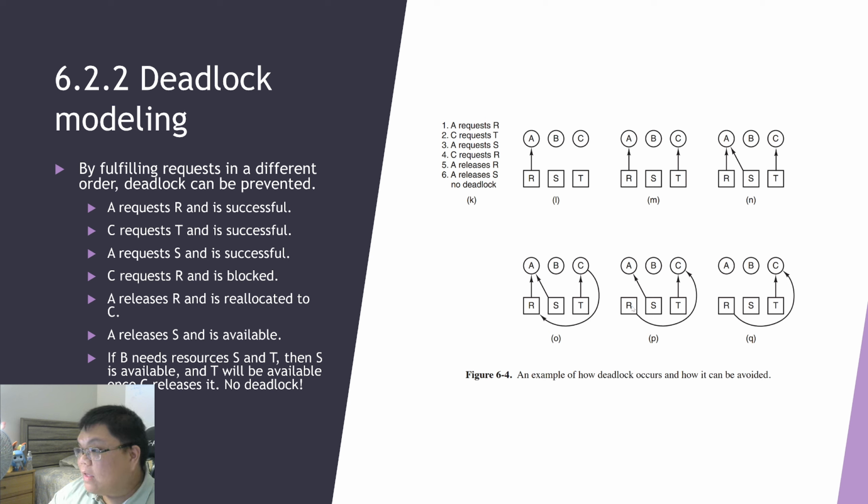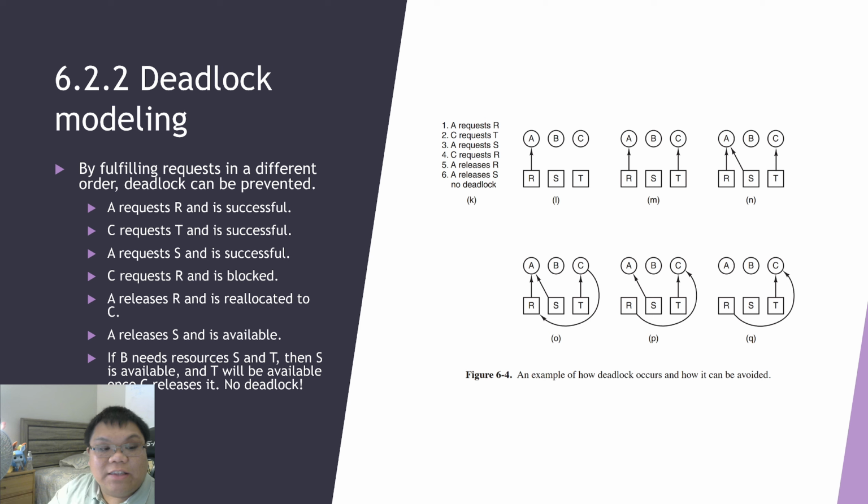So, let's just say process A first releases resource R, and that's available for process C. So now we reverse this arrow to point to process C. After that, process A no longer needs resource S, and it deallocates it, now it's free to be used by process B.